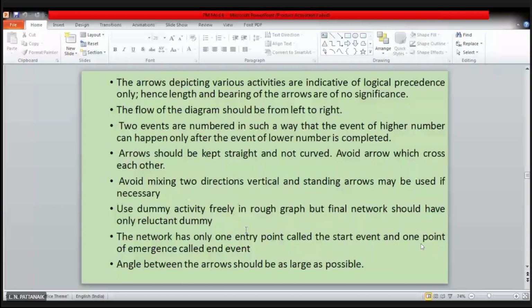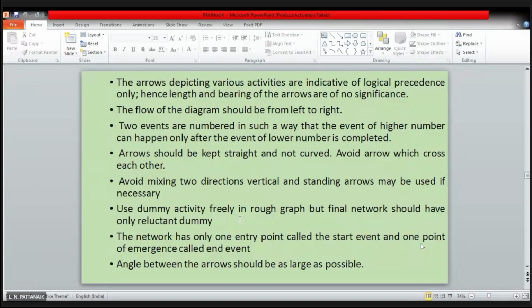So in the final network diagram that you produce, you make sure that there are no unnecessary dummy activities, right? That is reluctant to do. Means if it is really needed, then only you give it. So the rule is that you have to keep the dummy activity to the minimum, right? Bare minimum. That is the rule.